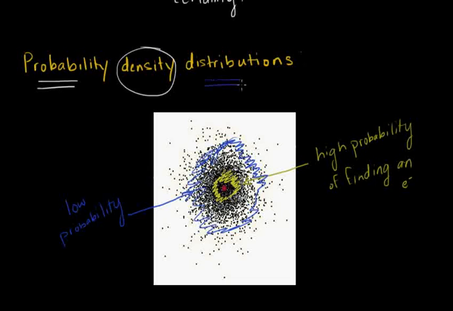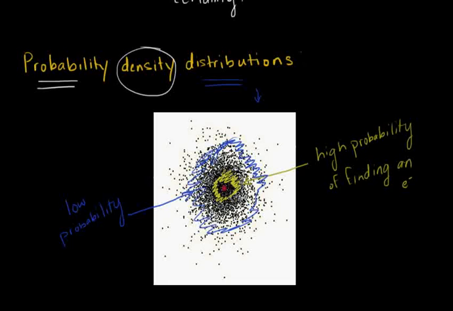And the distribution is just this diagram right here. It's a pictorial representation of where we're most likely to find electrons. Unfortunately, we can never say the electron is right here. We can say, oh, there's an 86.9% chance that it's going to be there. So we can only describe the position of electrons around a nucleus in terms of probabilities.